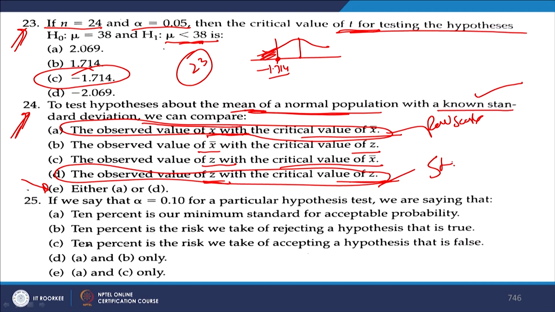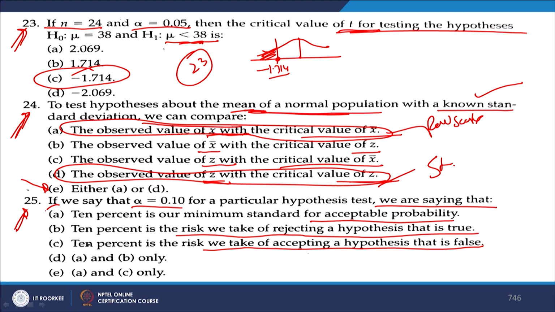Let us look at the next one, the 25th. If we say that alpha is equal to this for a particular hypothesis test, what does it mean? 10% is our minimum standard error for acceptable probability. 10% is the risk we take of rejecting a hypothesis that is true. What is alpha? Alpha is also known as type 1 error, right. Or, 10% is the risk we take of accepting a hypothesis when it is false.